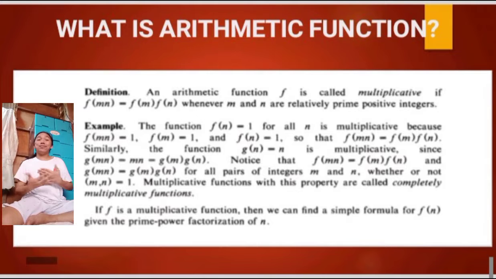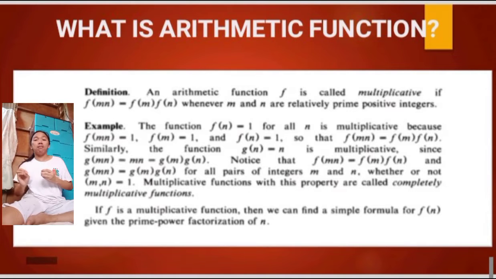So what are multiplicative arithmetic functions? An arithmetic function f is called multiplicative if f of mn is equal to f of m times f of n whenever m and n are relatively prime positive integers, that is, the greatest common divisor is 1. For example, let the function f of n be equal to 1 for all n.